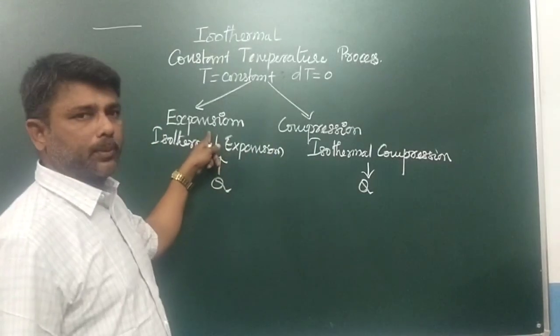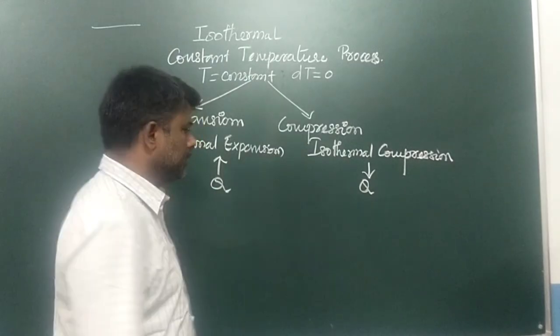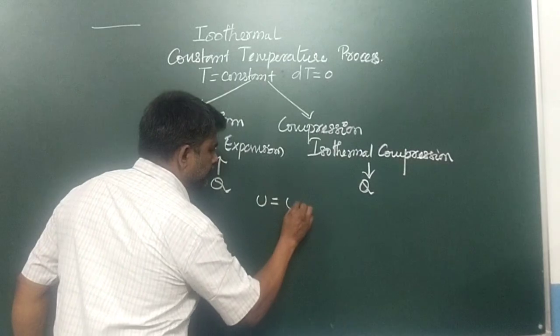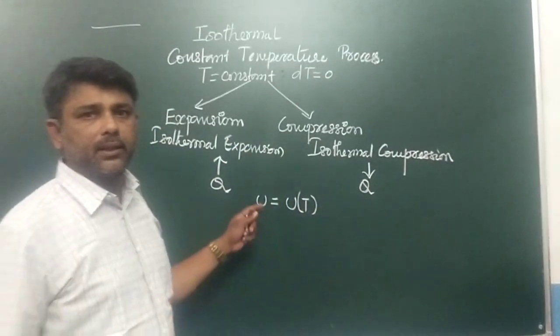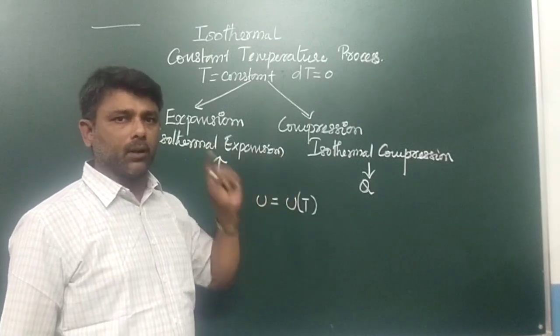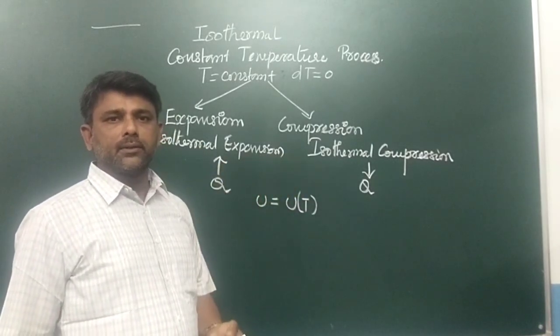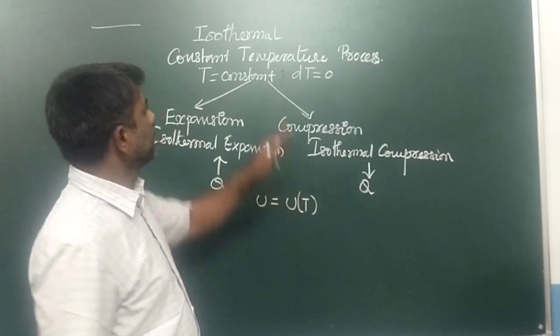This is isothermal expansion, this is the isothermal compression process. At any cost, the internal energy of the system will not be disturbed because internal energy is a function of temperature alone.